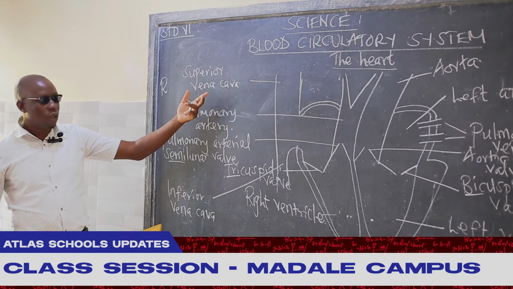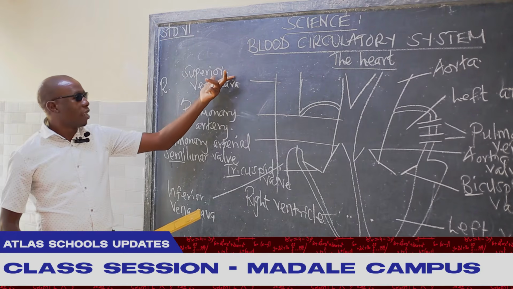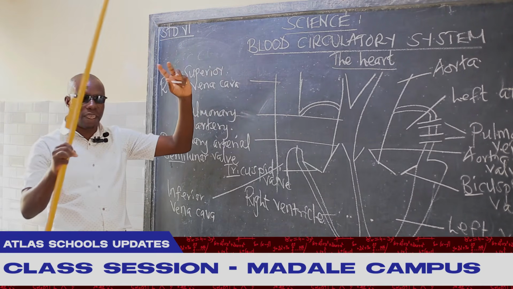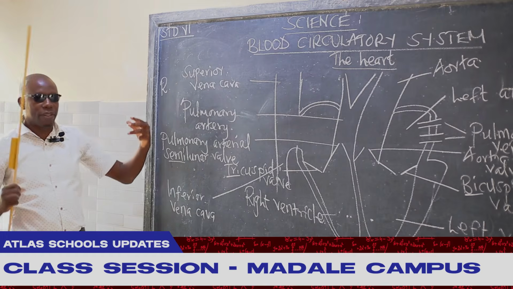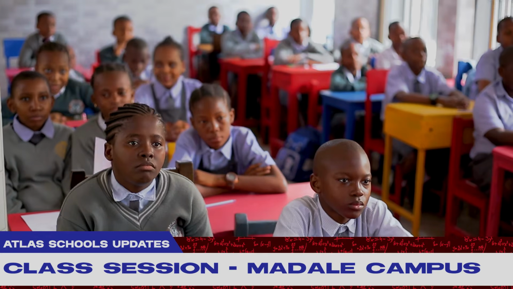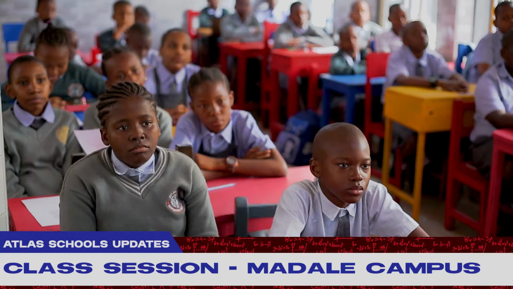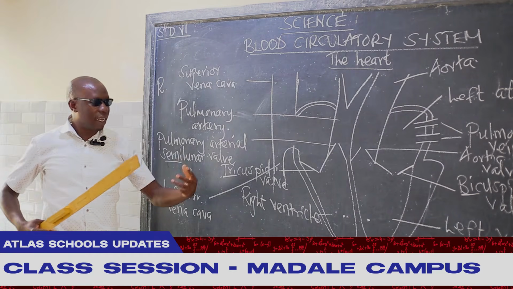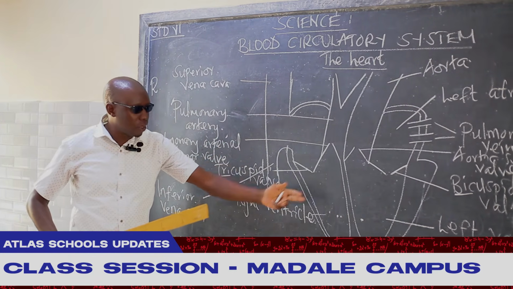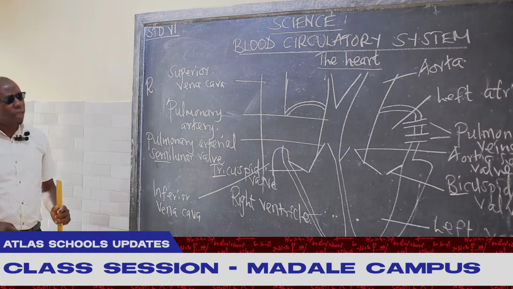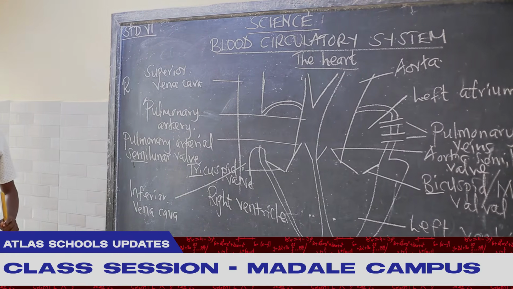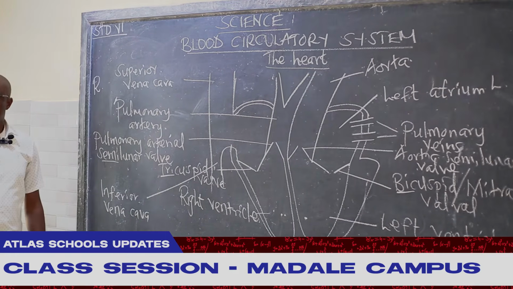But in the vena cava, we have this one here, carrying blood from the superior part of the body, the head region and the upper limbs, back to the heart. While this inferior collects it from the limbs down there, the stomach areas, the liver and the rest, bringing it back to the heart.